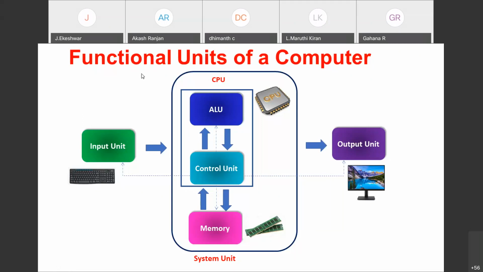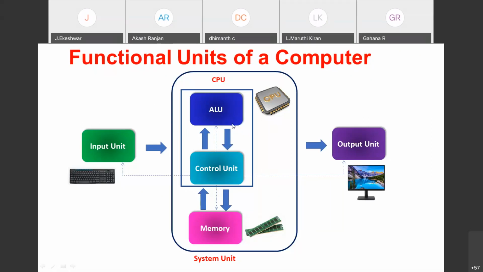To perform any arithmetic operation, the control unit has to send out the signal. If some addition operation is to be performed, then the control unit sends out the add control signal, and so on. So the arithmetic logic unit is the hardware circuitry responsible for performing arithmetic and logical operations.